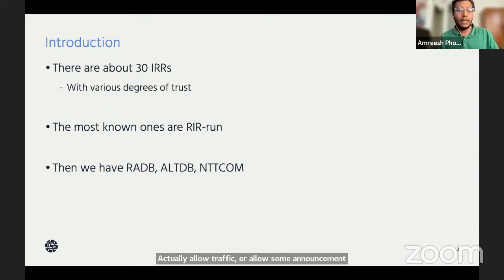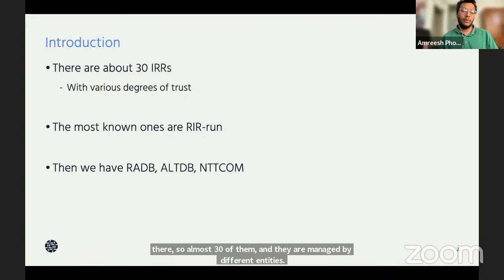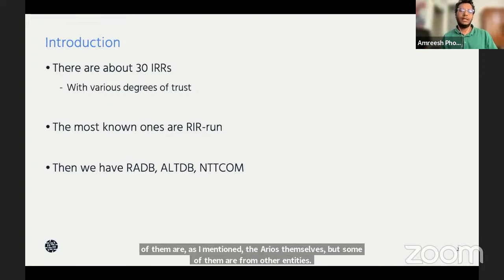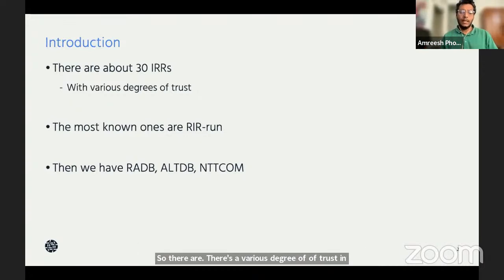There are a few internet routing registries out there, almost 30 of them, and they are managed by different entities. Some of them, as I mentioned, are the RIRs themselves, but some of them are from other entities. So there's a varying degree of trust in the system.